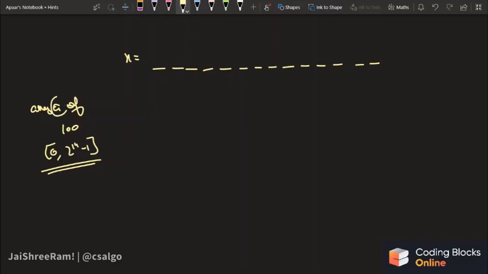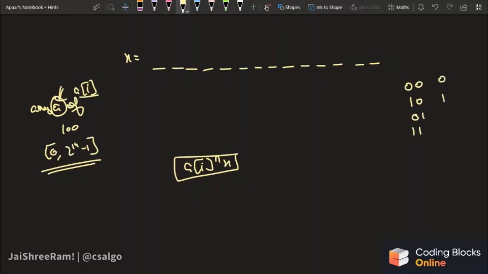What it will do is pick any of the ai's and compute ai XOR x. You know what XOR is, right? This is the XOR table. 0 0 gives 0, 1 1 gives 0. If both the bits are same, then it will give me a 0. If the bits are different, then it will give me a 1. That's the XOR table. So it will compute ai XOR x and return me that value.